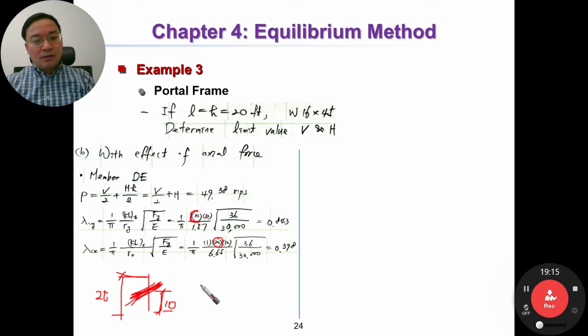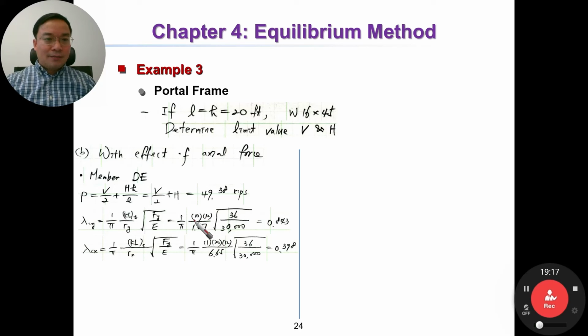So the length in the y axis is 10, and lambda cx equal to this one. And then the weak axis control is this one.